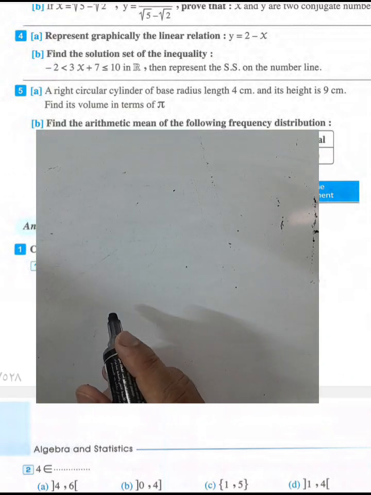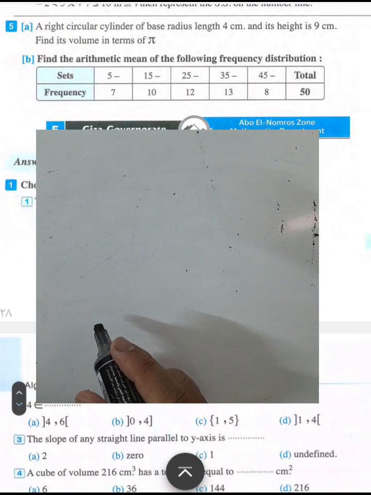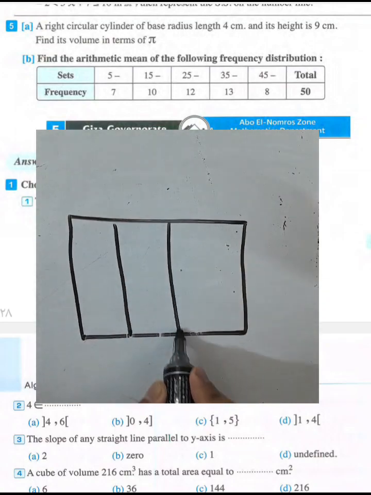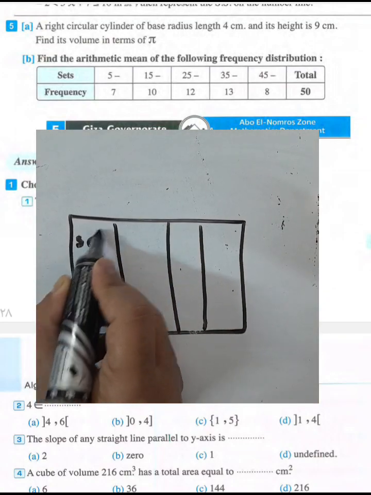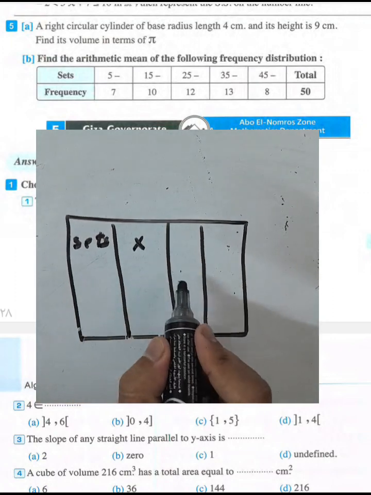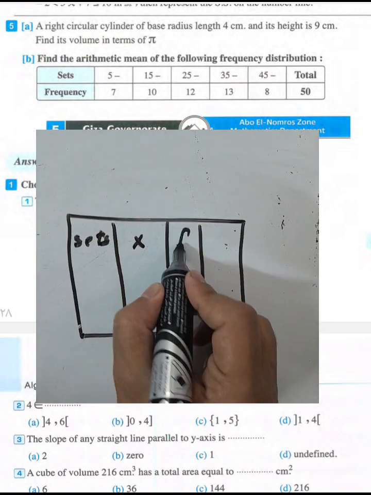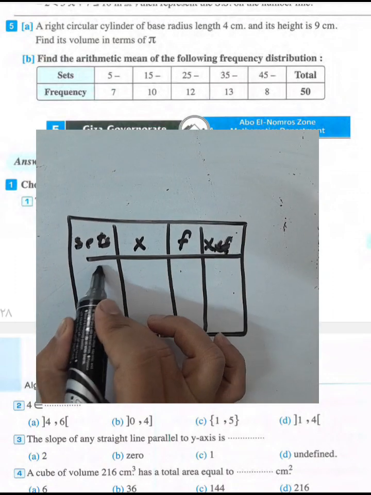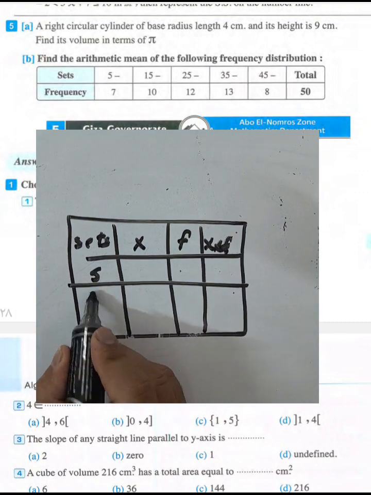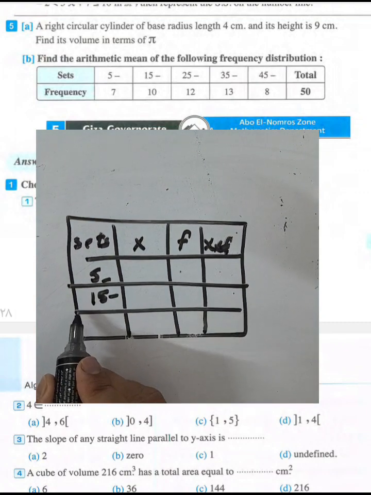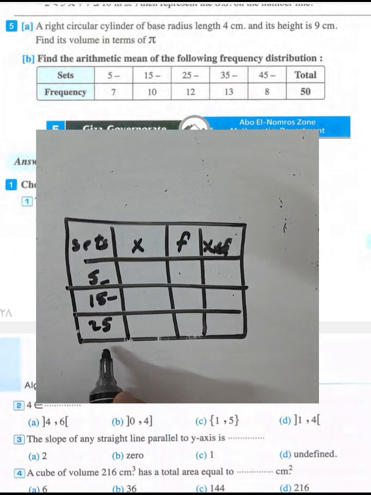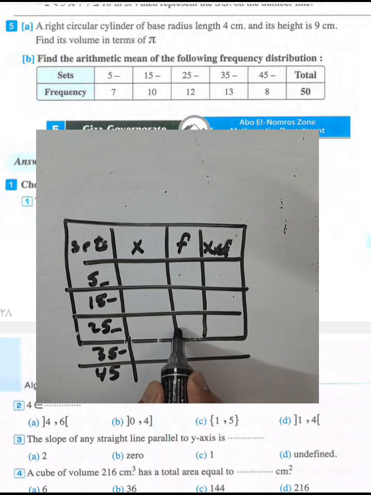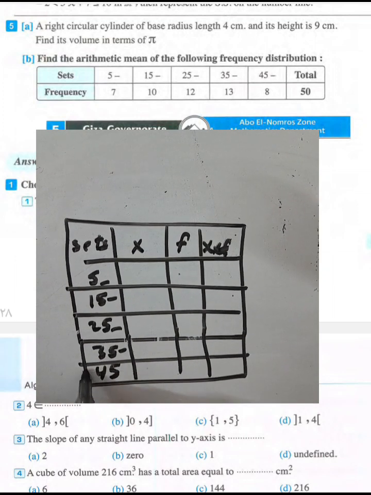Next question, find the mean. Okay, we can find the mean by drawing a table here divided into 4 parts: 1, 2, 3, 4. Write here the class, x, frequency, and the product of x and frequency. The classes give us 5 to 15, it's an interval, and 15 to 25, 25 to 35, 35 to 45.